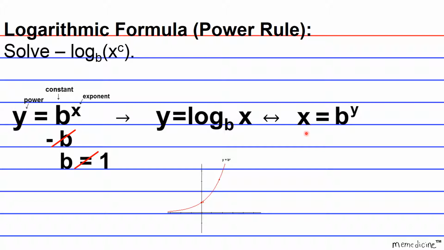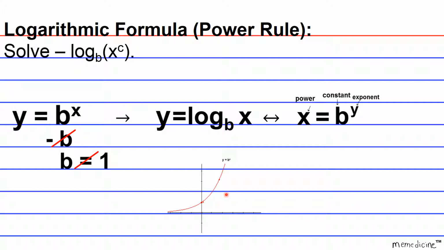So for this or any inverse functions, the constant of your starting function is going to be the constant in your inverse function, hence the name constants. Constants remain constant. You can't switch them up. But now x represents the power or the result, and y holds the place of the exponent.